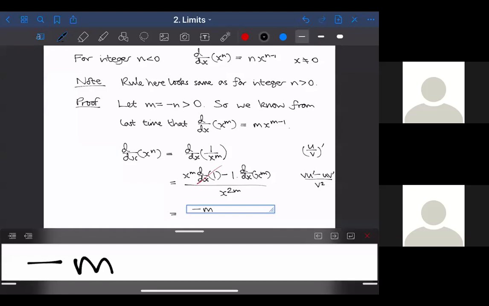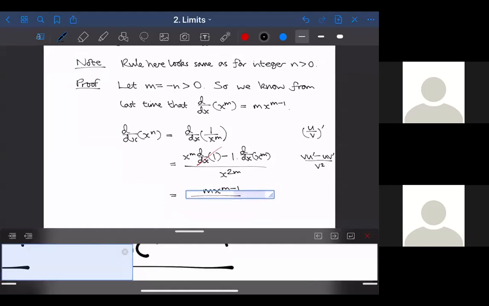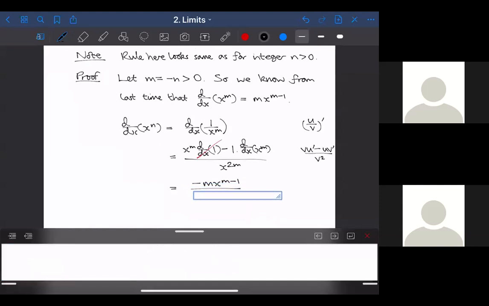That's m x to the power m minus 1 over x to the power 2m.